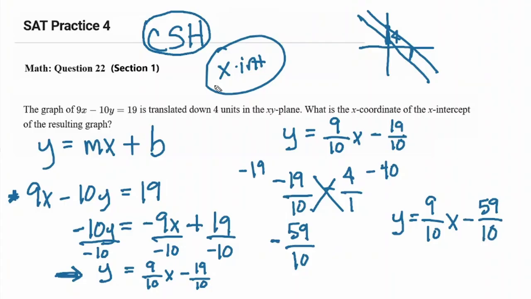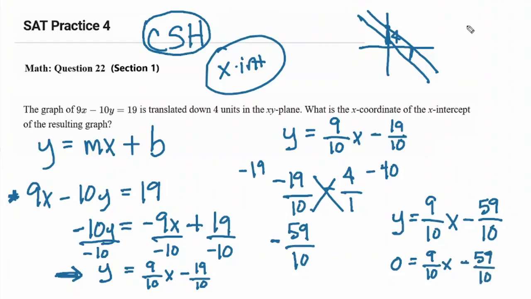Okay, what am I looking for? The x-coordinate of the x-intercept of the resulting graph. What is the x-intercept of this line? How can I figure that out? I've got to make y equal 0. To get the x-intercept, y equals 0. So 0 equals 9/10 x minus 59 over 10.